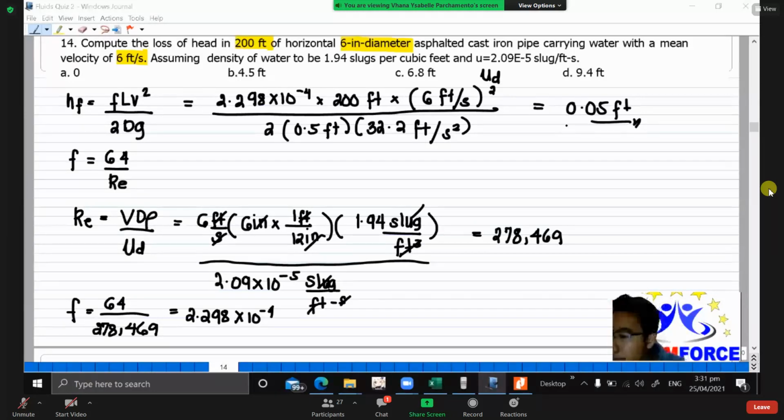Okay, double check lang natin. Nakuha naman natin yung friction factor dito. So we have ito 2.2 times 10 raised to negative 4. Okay, but on this number 14 and 15, ano siya? Meron daw siyang table na tinignan. Okay, so ang ginamit niyang F dito is approximately equal to 0.02.